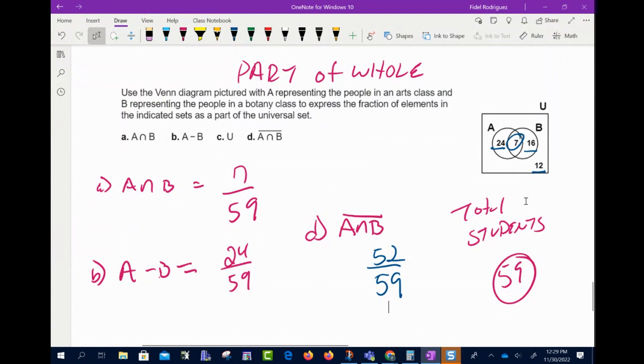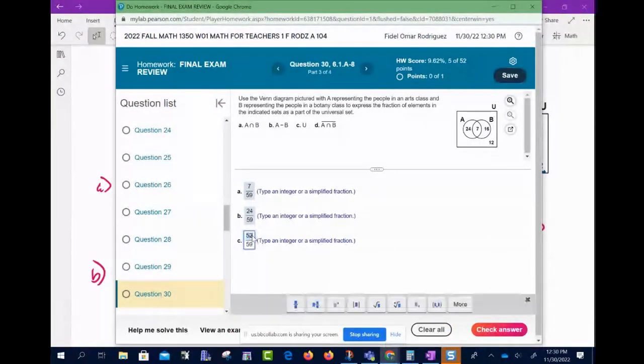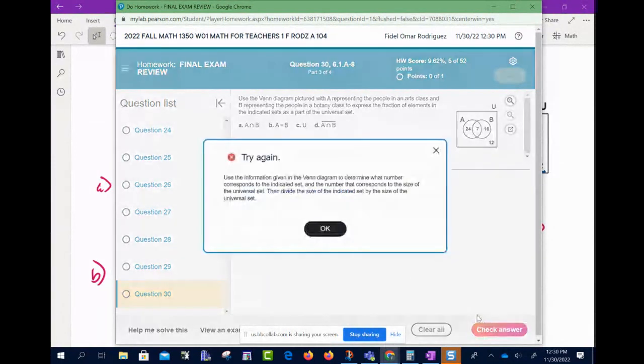That's 40, that's 52. Wouldn't be 40. What did I do wrong on this last one? Sorry. Let me see. Sorry, y'all. I'm gonna try one more thing. 40? I don't think it's 40 though.